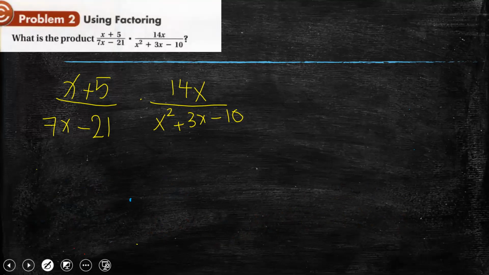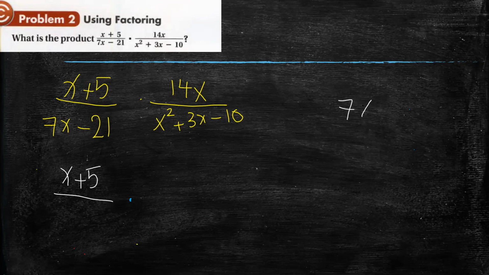Let's look at x plus 5. X plus 5 is already simplified. We cannot simplify it, so keep it as x plus 5. Then look at 7x minus 21. Can you see the common factor here? Yes.